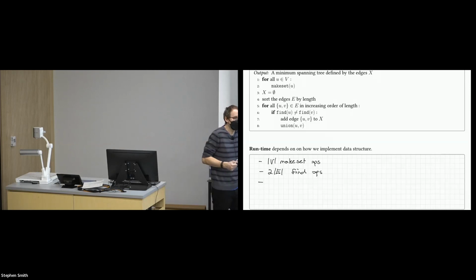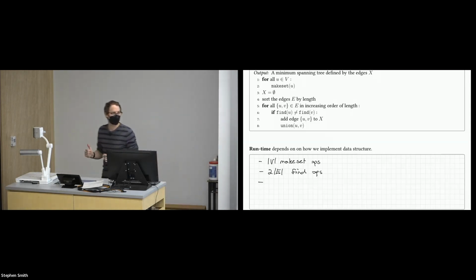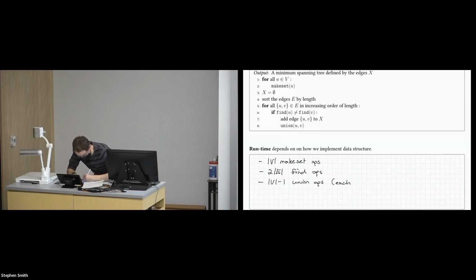You're right, E is an upper bound for sure. It's just that once we've added V minus 1 edges, we've created a tree, and so we've already got a solution. So V minus 1 unions. Another way to think of it is each union reduces the number of connected components by 1.